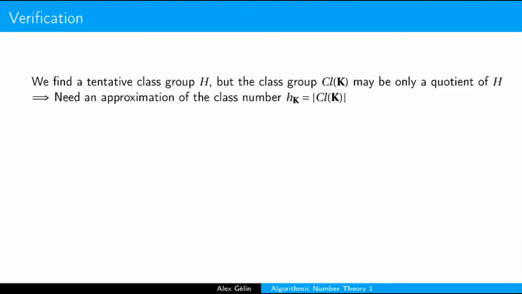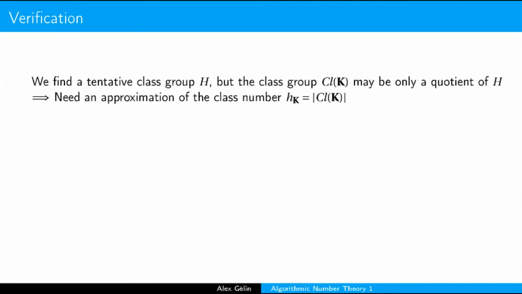It happens in the collection of the relations. Maybe we have a lot of relations all in the kernel, but all the relations are in a subset of the kernel. And what we get is not the kernel, but only a subset. So when you take the quotient, you don't take it for the whole kernel, but for something smaller. And then you don't get the class group, but something larger than the class group.